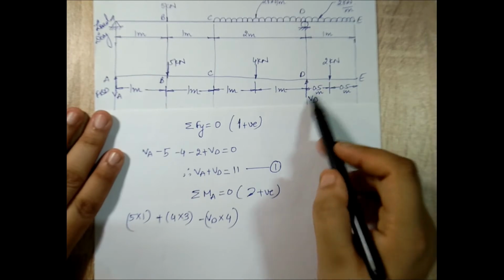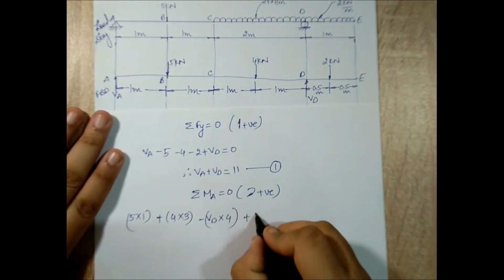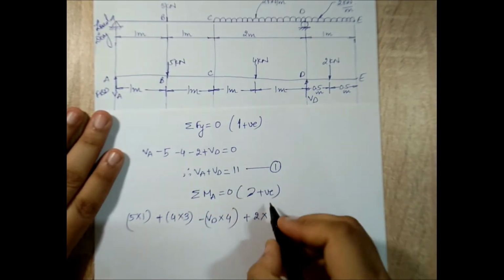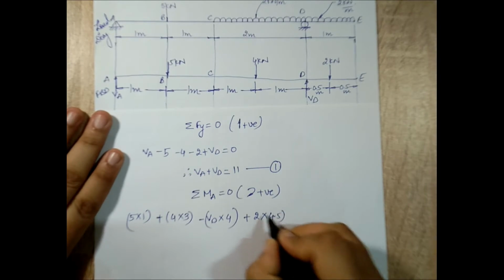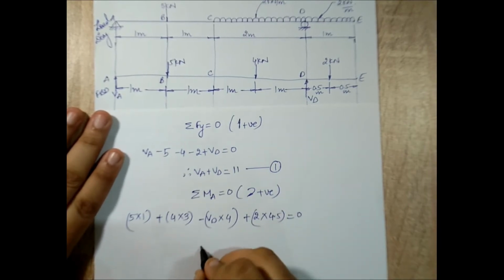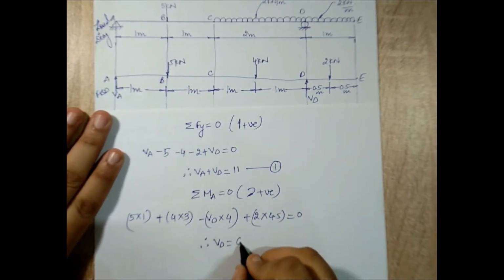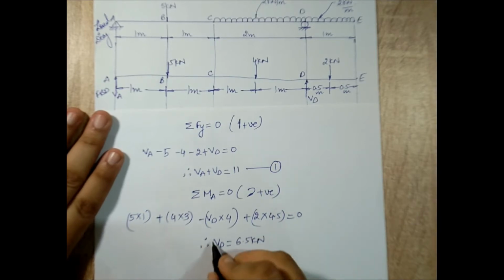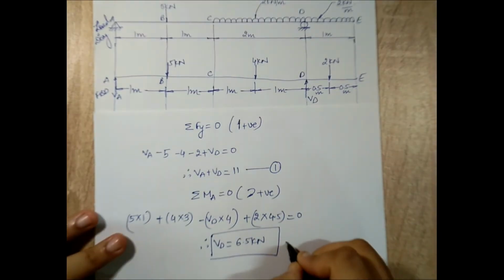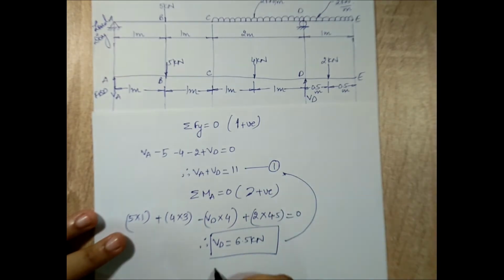And I'll have 2 turning clockwise, so plus 2 into 4.5. I get the value of VD as 6.5 kilonewton. When I substitute the value of VD in this equation, I get the value of VA as 4.5 kilonewton.